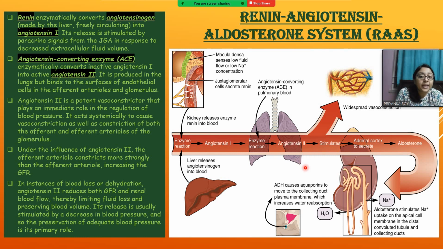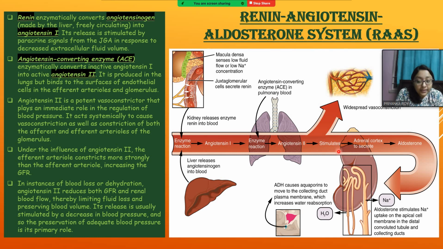Now this angiotensin 2 is a potent vasoconstrictor, so it will promote widespread vasoconstriction overall. So obviously it will regulate the blood pressure. Now there is vasoconstriction as well as constriction of the efferent and afferent arterioles of the glomerulus.